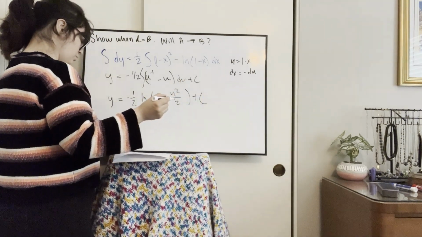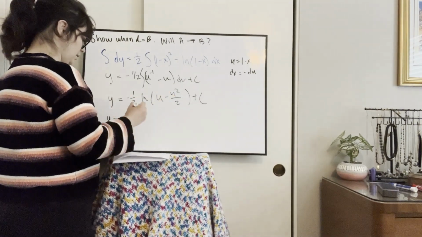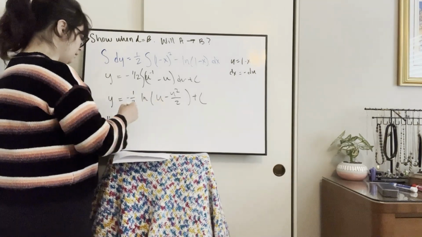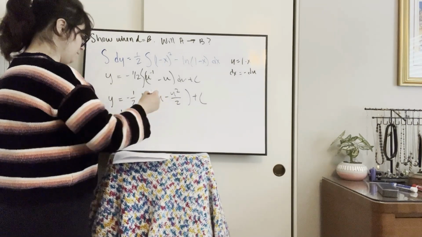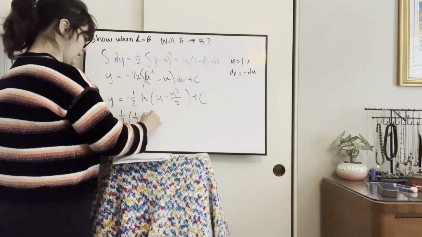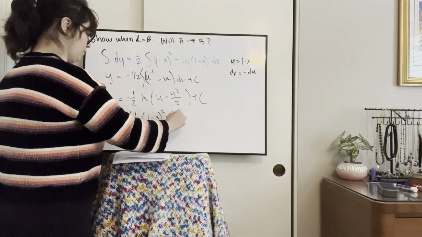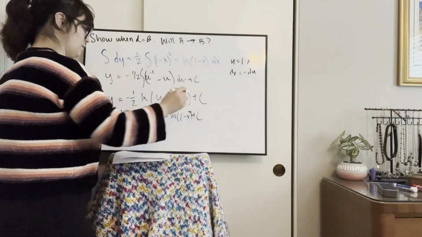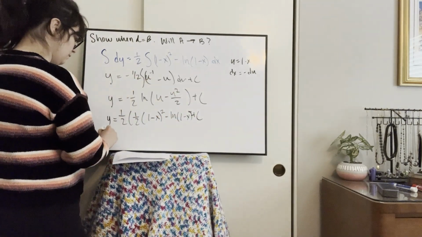We need to solve for c, so we're going to first plug back in our values. We got y equals 1/2, and then that's going to be times another 1/2 because we're going to take this 1 minus x squared minus the natural log of 1 minus x plus c. Okay, so again, we know that y equals 0, so we're going to have 0.